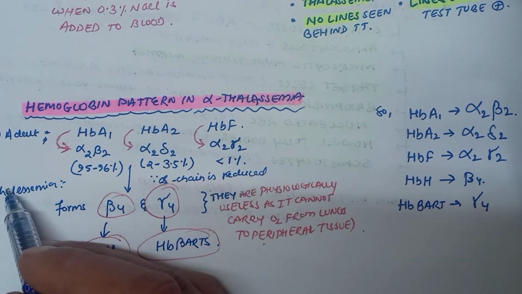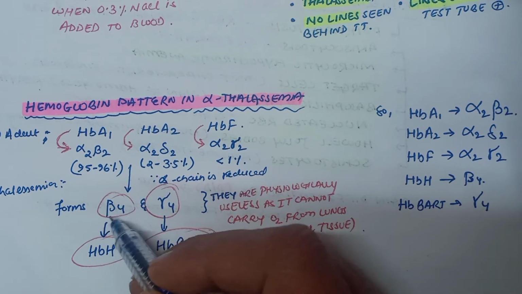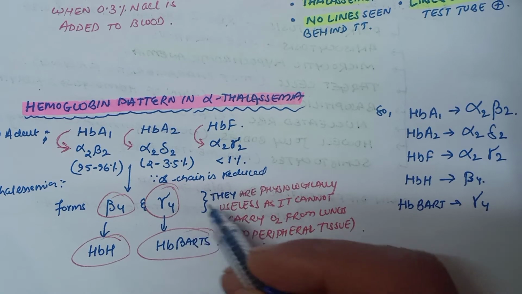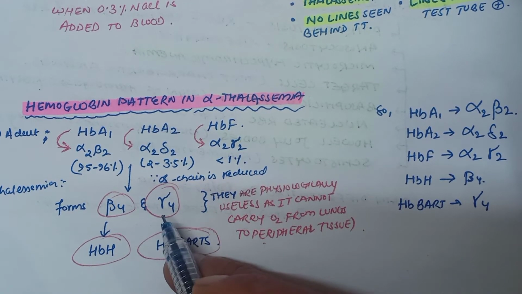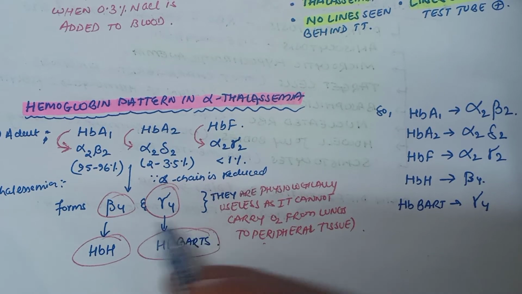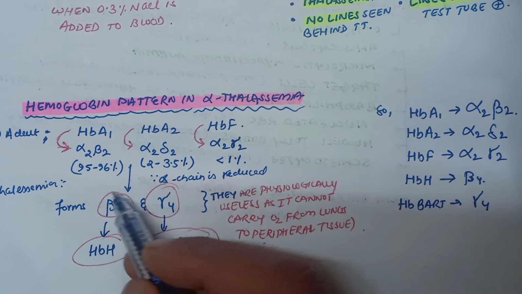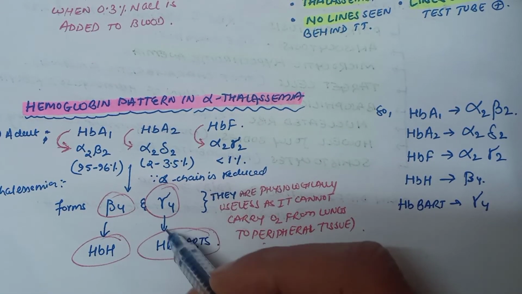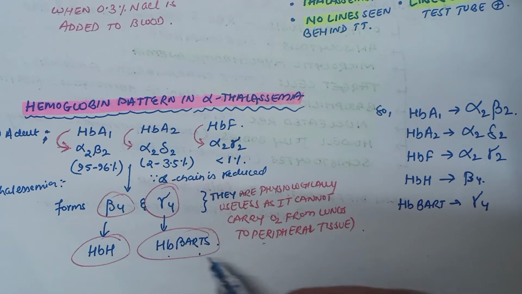In thalassemia, as there is decrease in alpha chain, there will be formation of beta 4 and gamma 4. So they are physiologically useless as they cannot carry oxygen from the lungs to the peripheral tissue. So beta 4 will be HbH and gamma 4 is hemoglobin Barts.